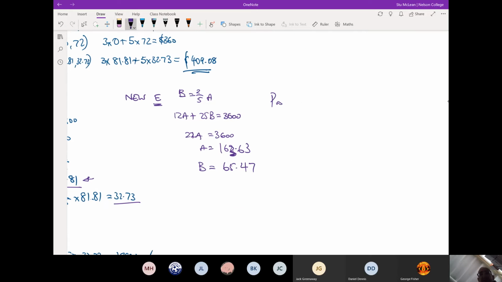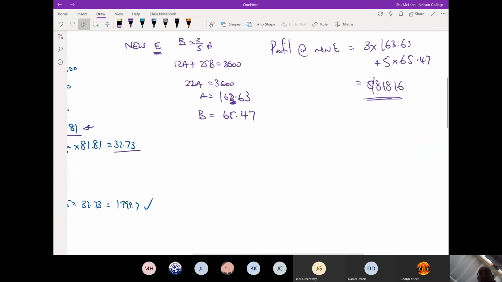So the profit at new E equals, what did I get? It'll be 3 times 163.63 plus 5 times 65.47, which is twice what it was before. It'll be $818.16.